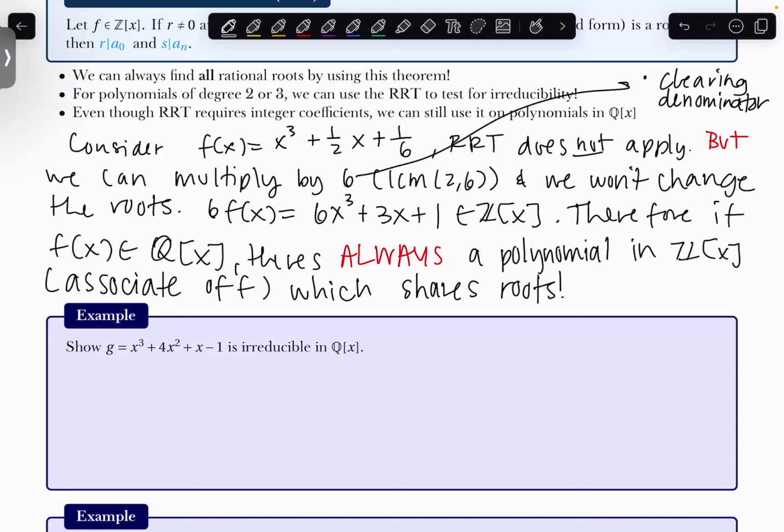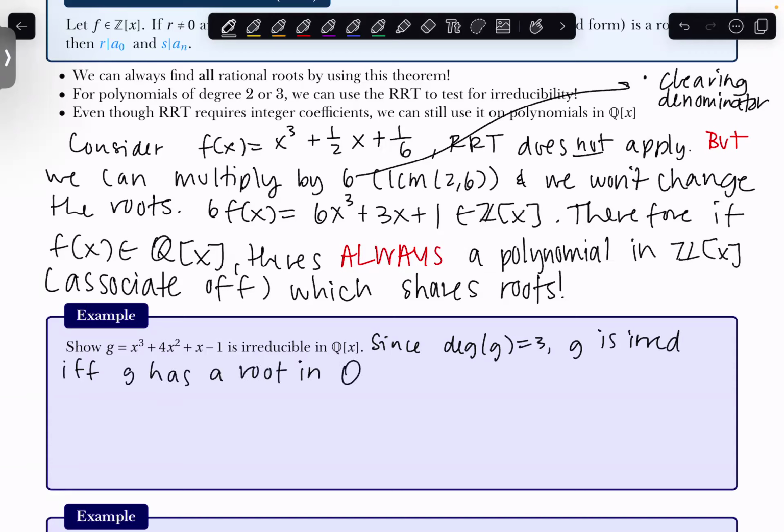Okay, so again, since this is degree 3, G is irreducible if and only if G has a root in the rationals. And it was important that this was a field. But if it wasn't a field, then I couldn't apply that theorem. Like if I had the integers or Z6, things like that, things work out a little bit differently.